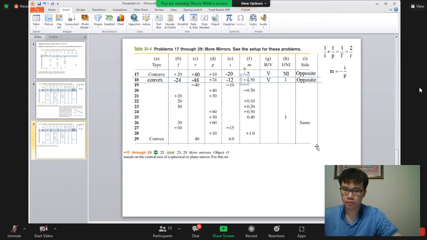For a minus sign of lateral magnification, the distance of our image is positive, because now this is a real image. The image is inverted, so it should be real, and the image produced by a concave spherical mirror. So here should be concave.